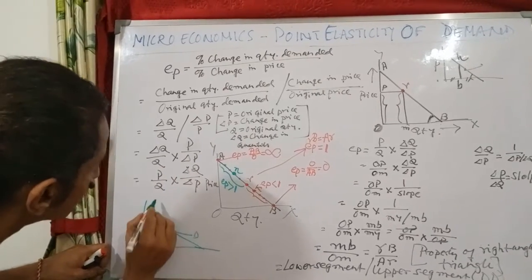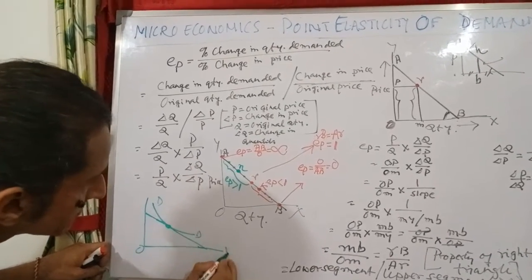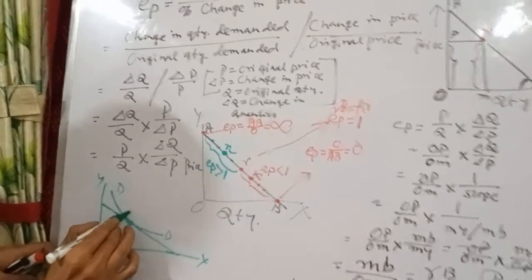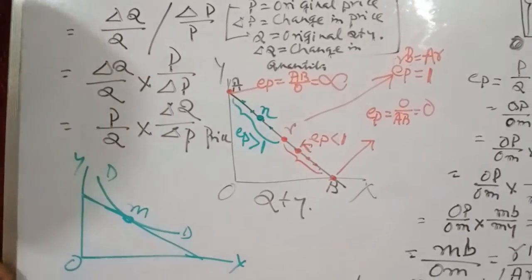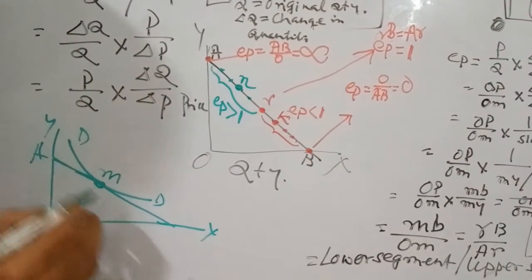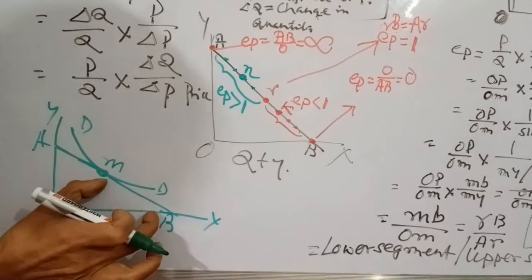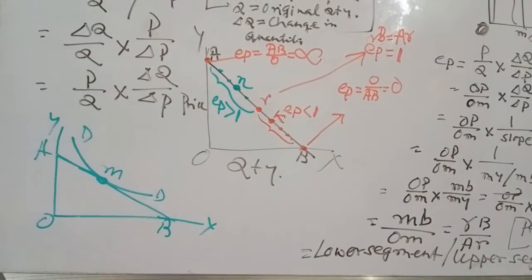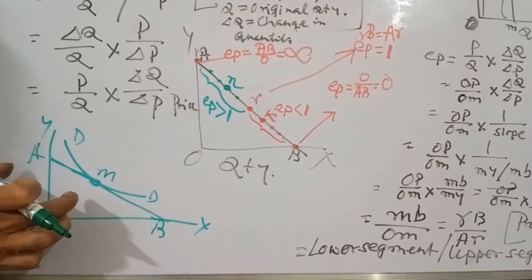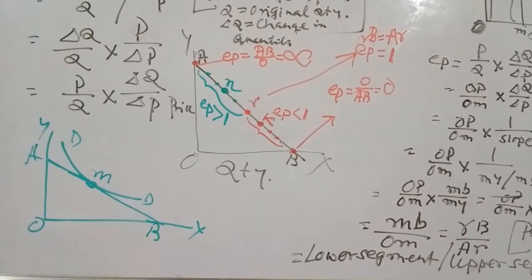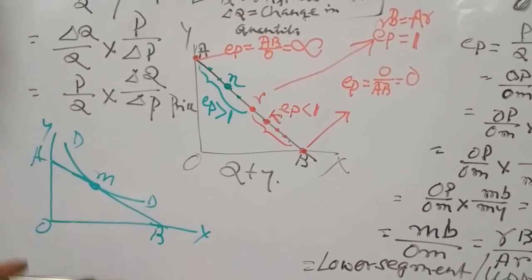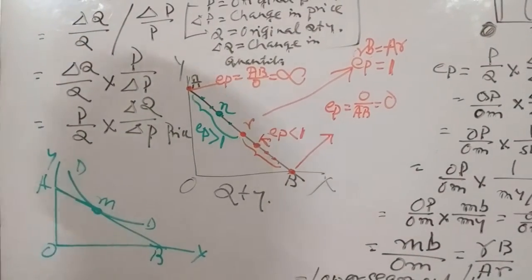We draw a tangent at that point on which we have to calculate the elasticity, and then again we calculate lower segment by upper segment. So this logic applies to straight line demand curves as well as non-linear or curvilinear demand curves.